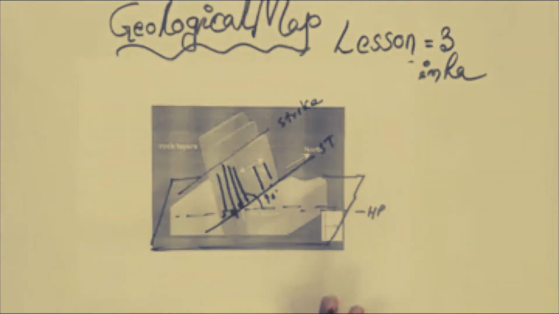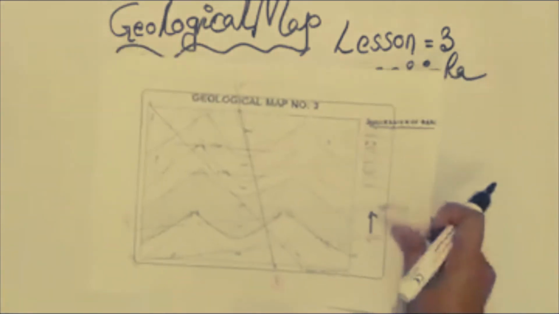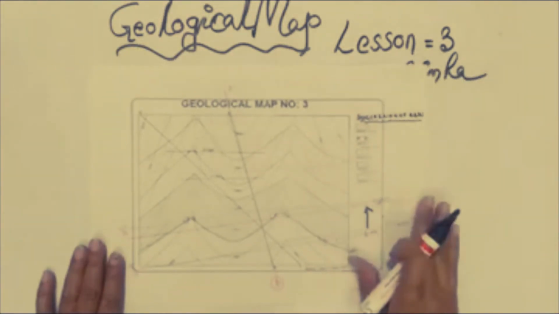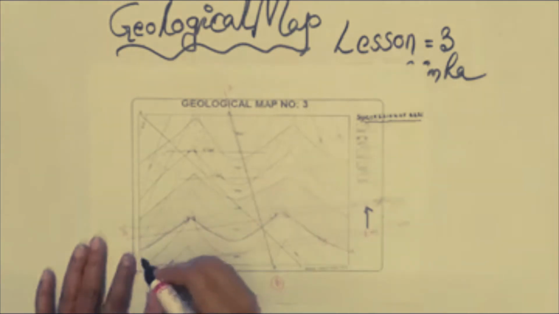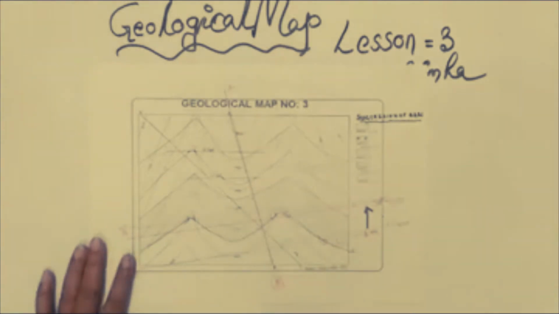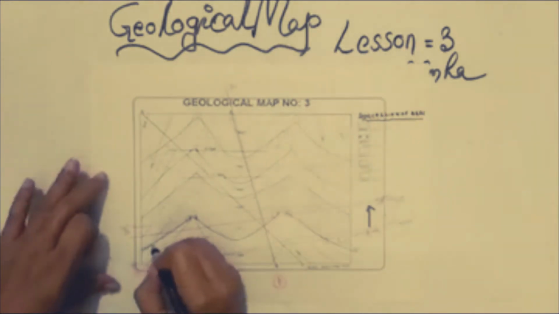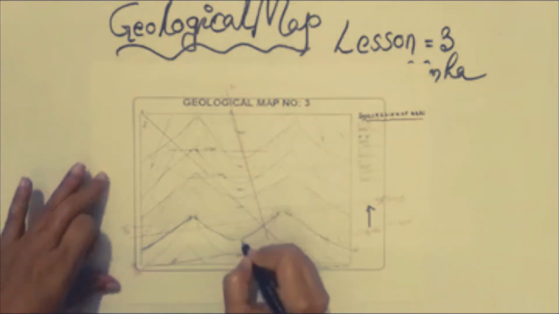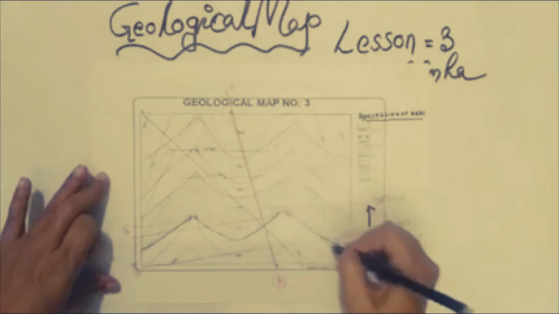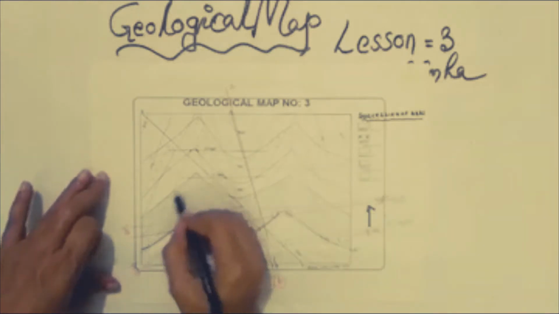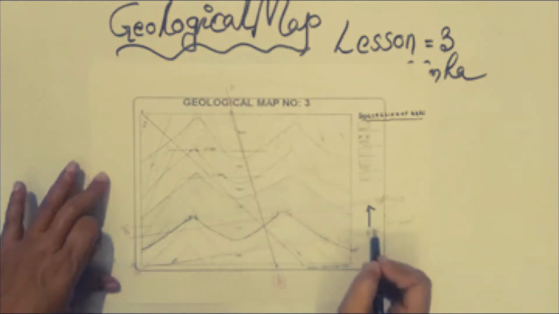Let's go for another geological map to get an idea of apparent dip and true dip. It's a very simple geological map. Suppose this is a bedding plane. This is the lower part of a particular bed, and this is the upper part of the bed.